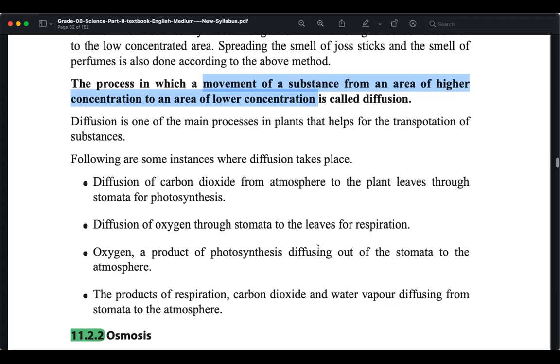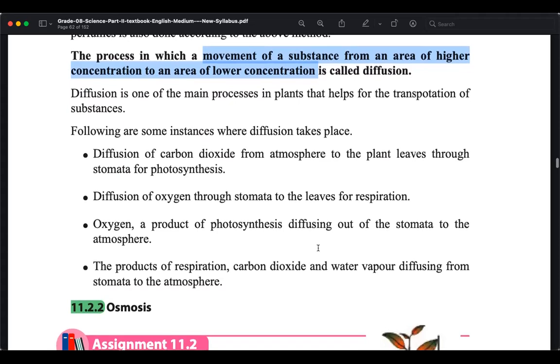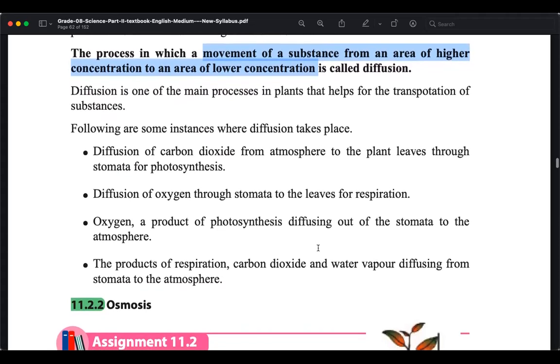Here is diffusion of carbon dioxide from the atmosphere, from the air, to the plant leaf.